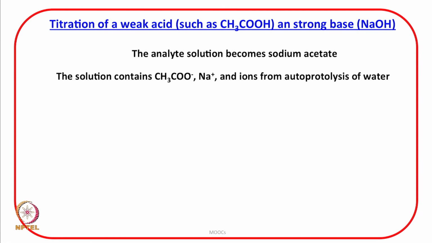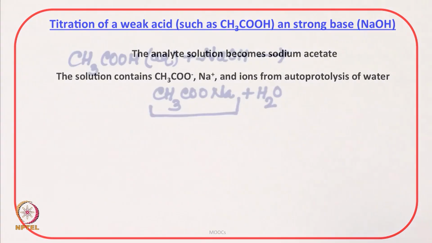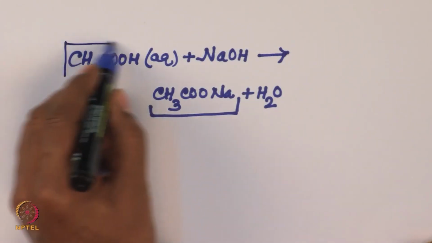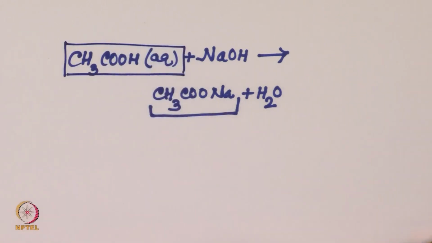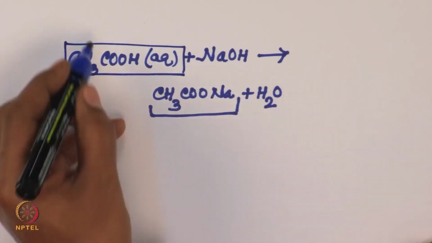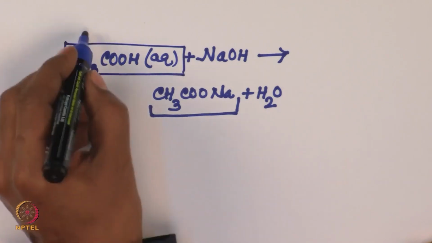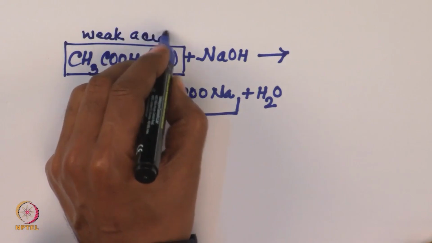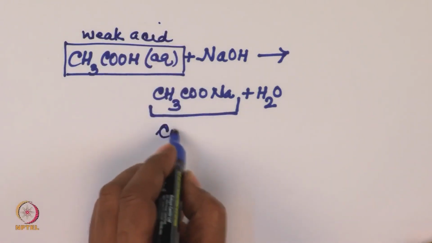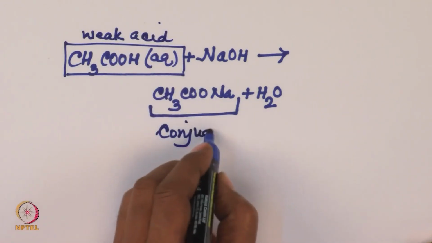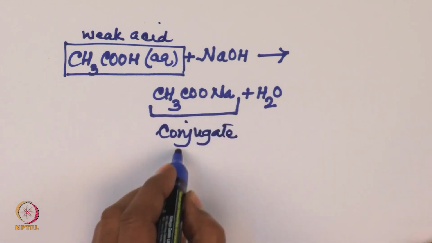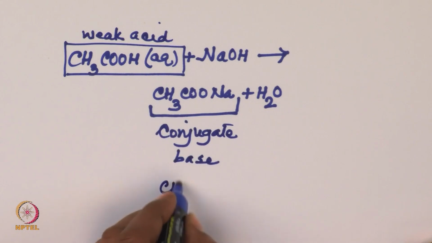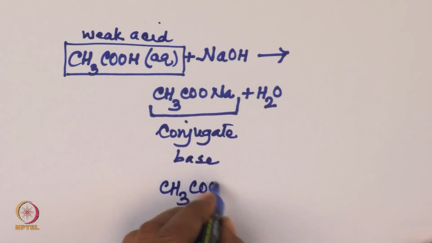So, let us go back to this. This is the weak acid, and its conjugate base is acetate ion, CH3COO minus.